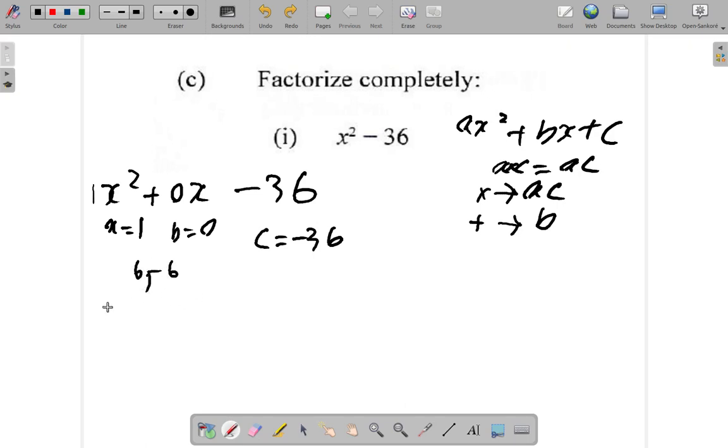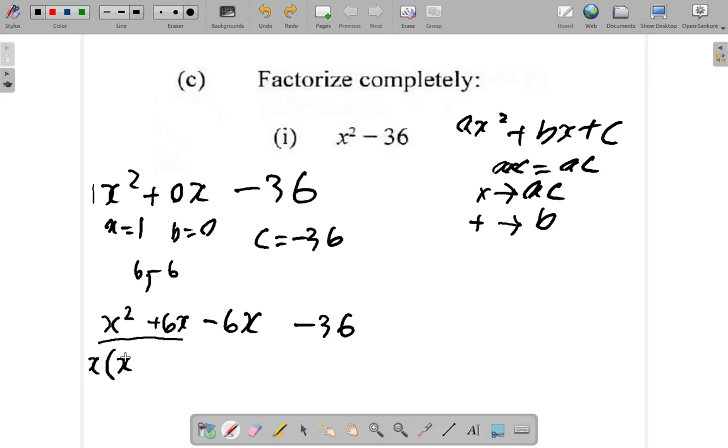So here, at one end we have x squared, at the other end we have minus 36. But in the middle we have plus 6x and minus 6x. Now, what we do here after this is to factorize this part of the expression. So we have x outside the bracket.